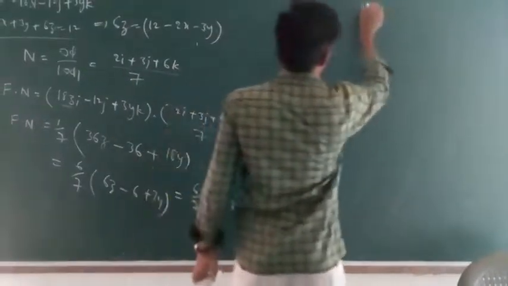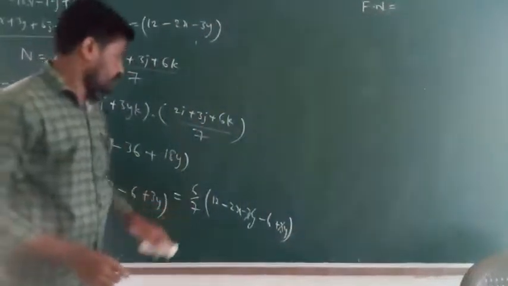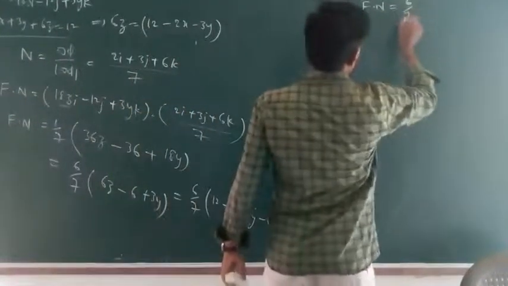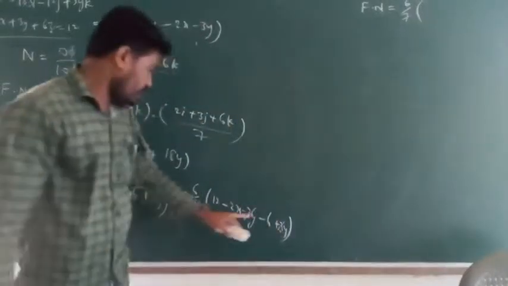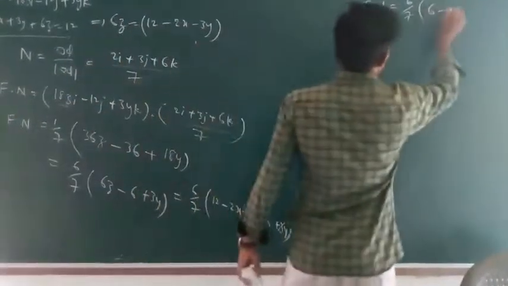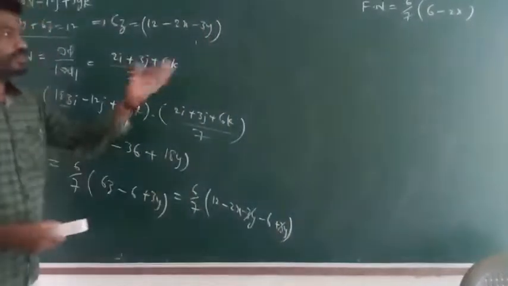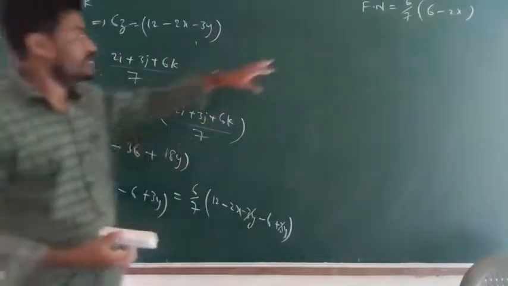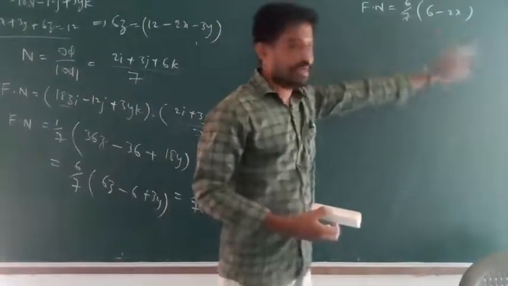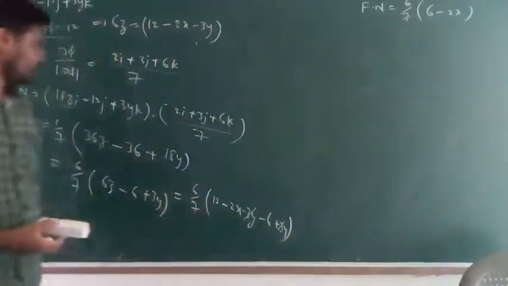So total F dot n is equal to 6 by 7 into (12 minus 6, 6 minus 2x). This is the final F dot n, the total term in x and y. So F dot n equals 6 by 7 into (6 minus 2x).